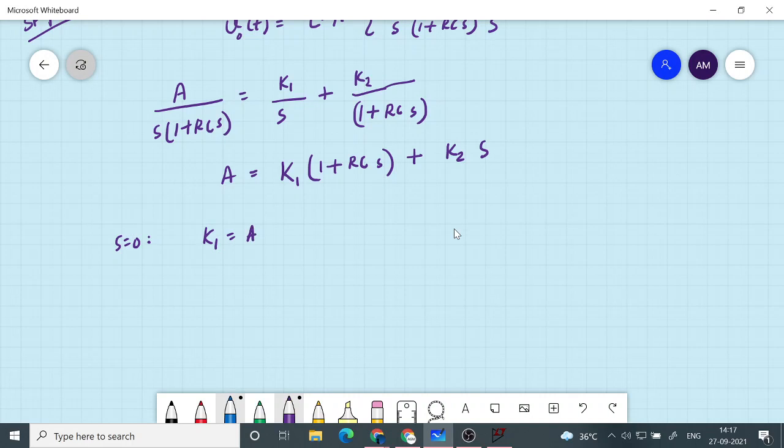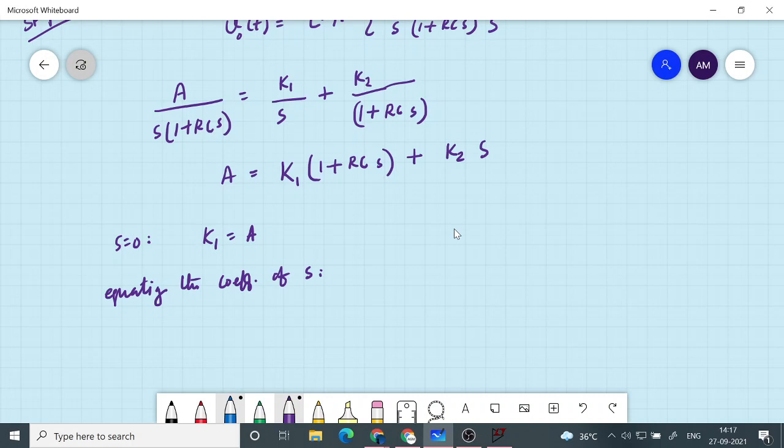Now we can do an equating of the coefficient of S. I can find K2.